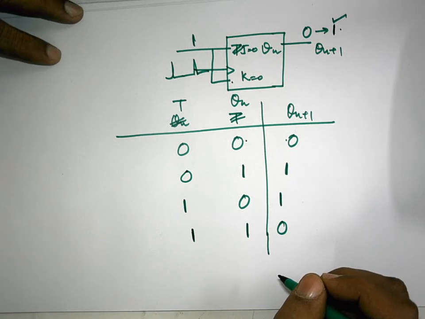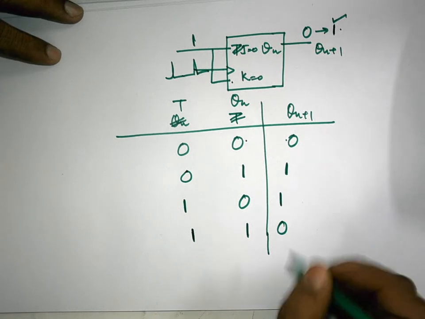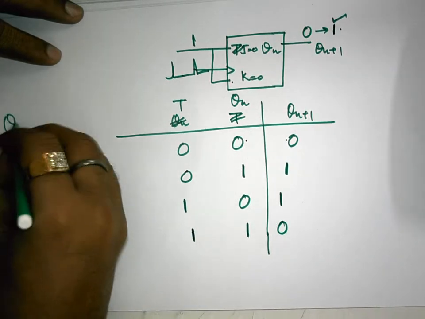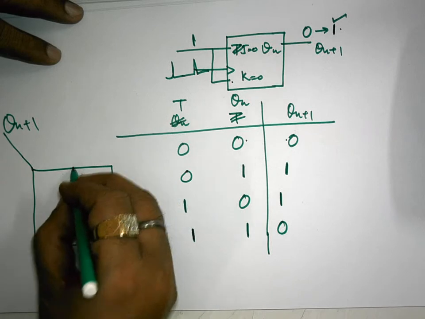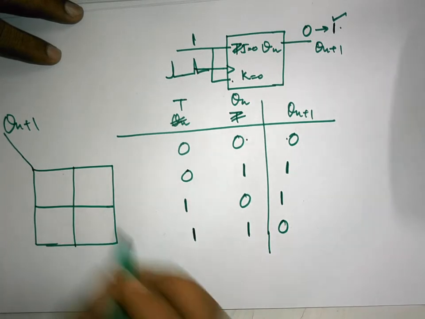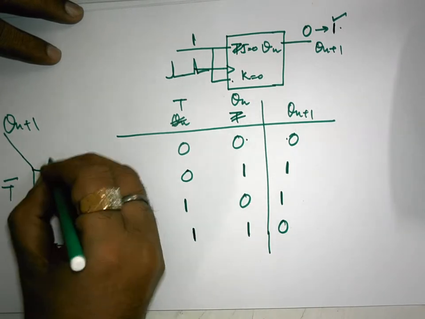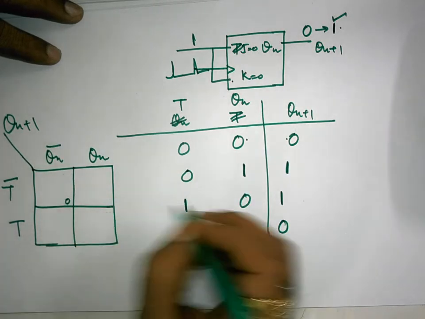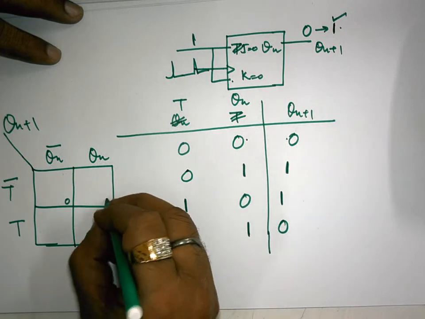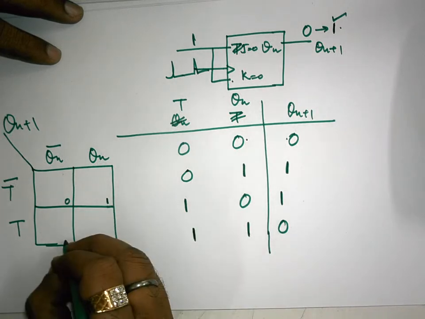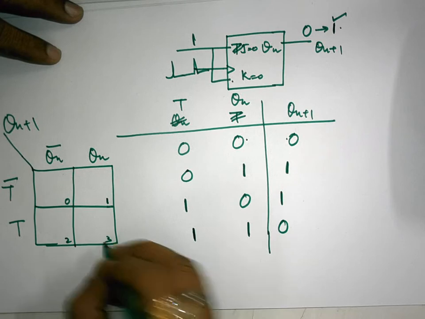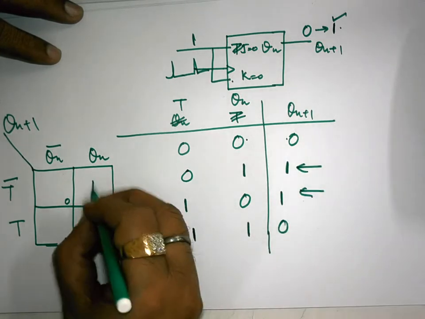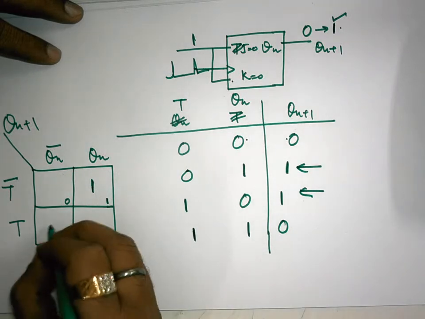This is a 2 input 1 output situation. So how can it be mapped? We are making a map for Qn plus 1. Naturally T bar and T, and Qn bar and Qn. This is 0, this is 1, this is 2, and this is 3. At 1 it is 1 and at 2 it is 1.